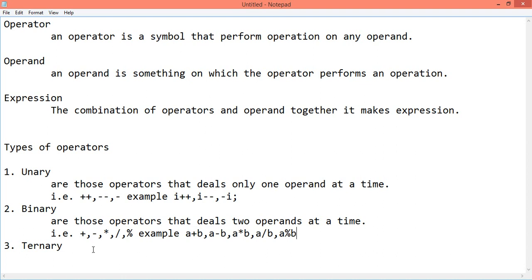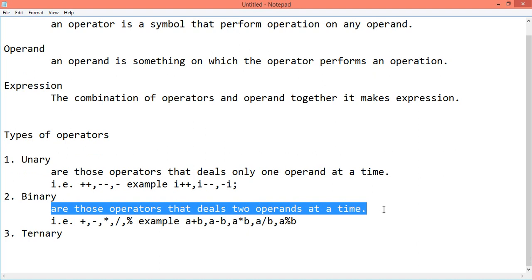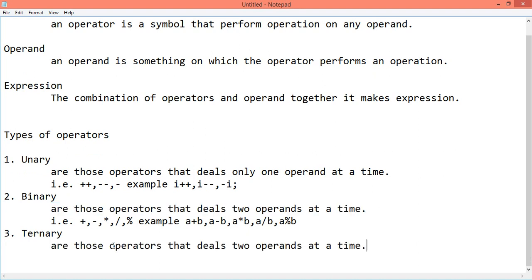It's very simple. And now the ternary operator. What are the ternary operators? These are those operators that deal with 3 operands at a time, not 2. These are the question mark and colon. That's it. How do you specify that?